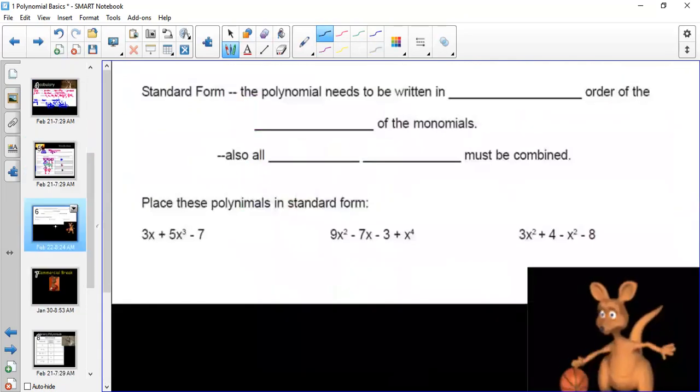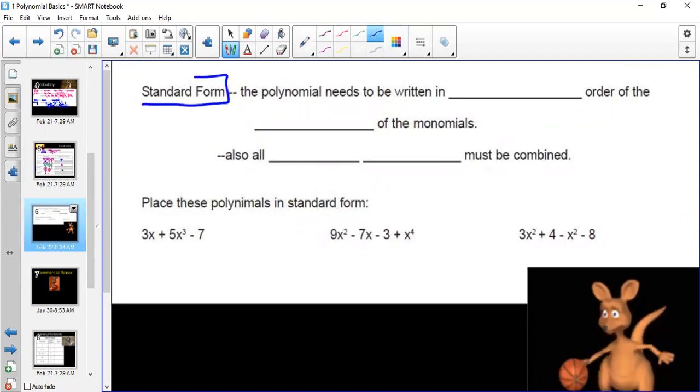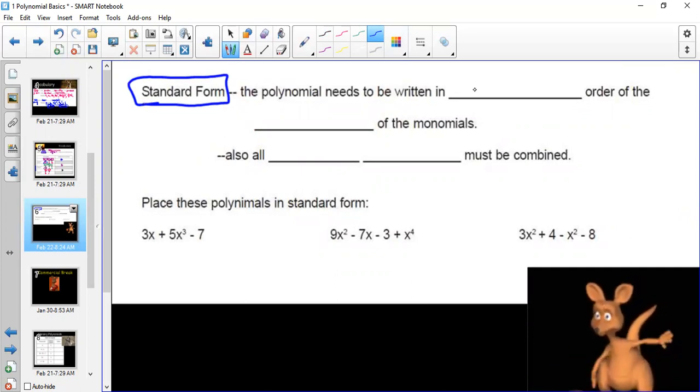All right, so we're going to practice a few of these. We're going to start naming them here in a second, but before I can actually name them, polynomials have to be in standard form. Okay, what that means is that it needs to be written in order. We're going to put from greatest to least.